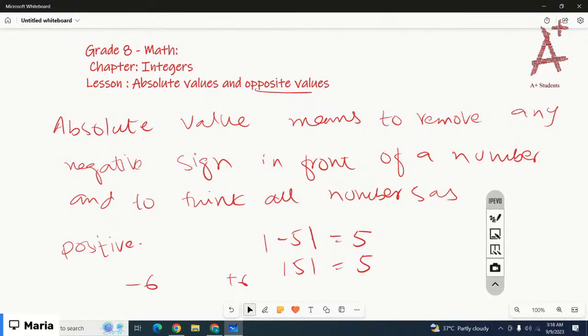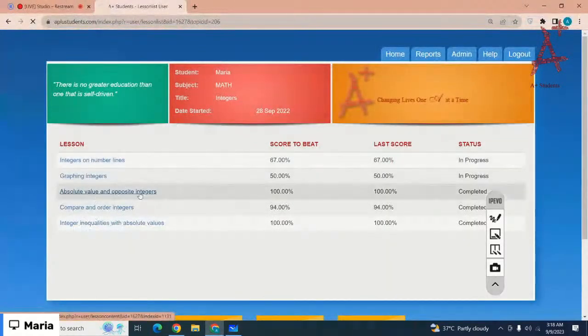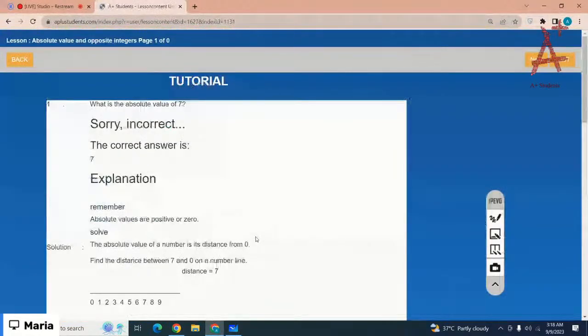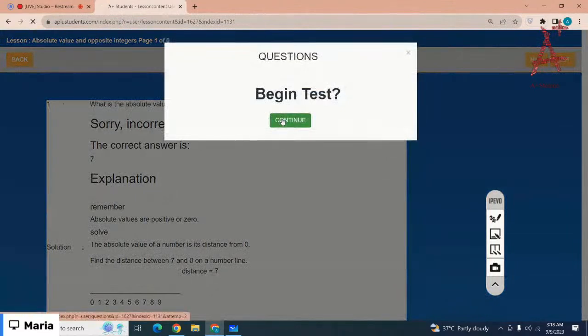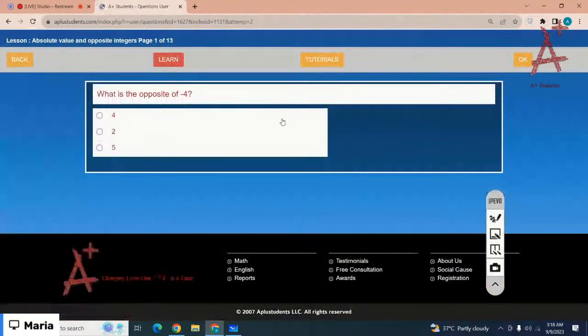Now let's just start with the practice questions. Okay, what is the opposite of negative 4?